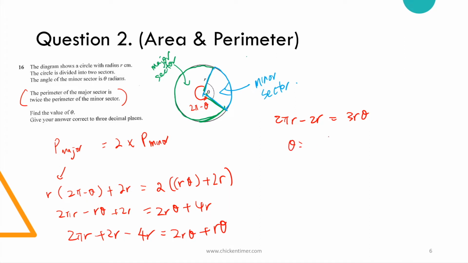So theta will be (2 pi minus 2)r over 3r, then it will be (2 pi minus 2) over 3, which will come to 1.428 radians.